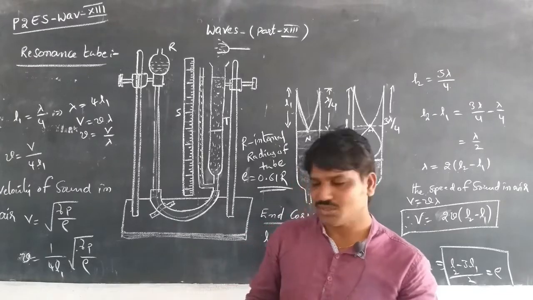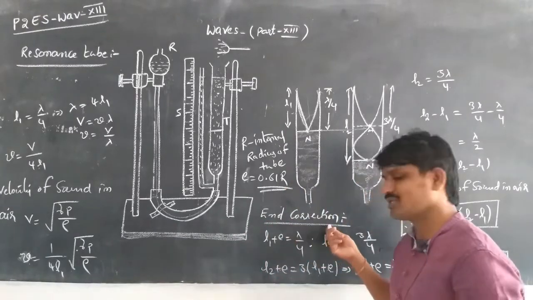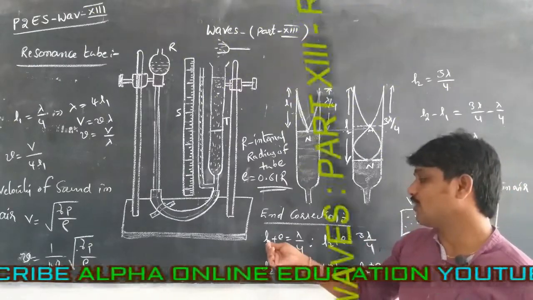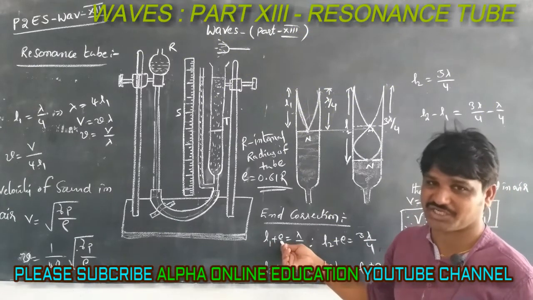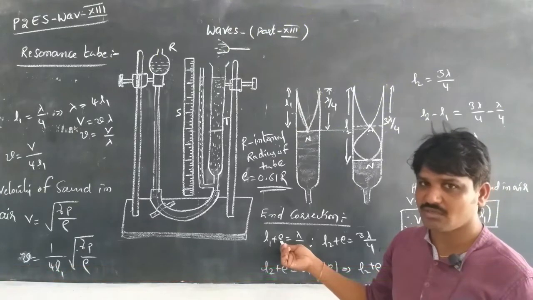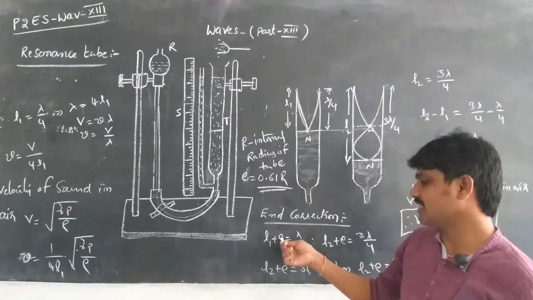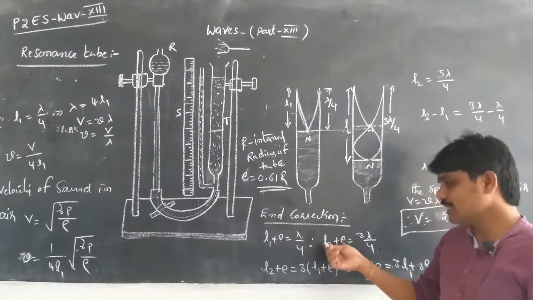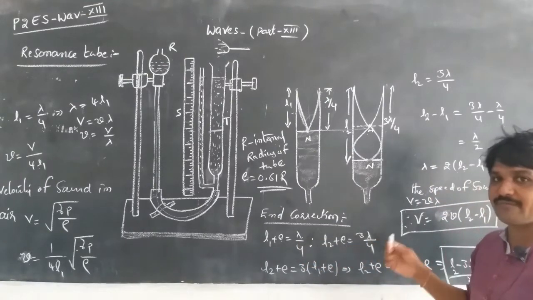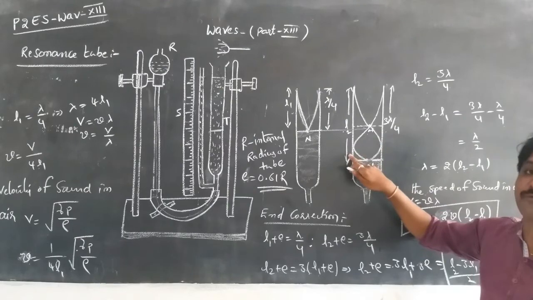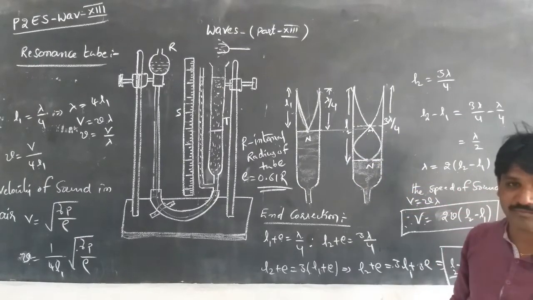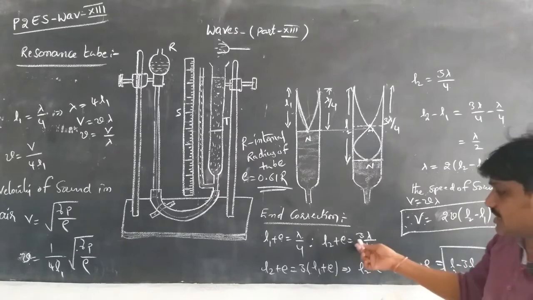For the first harmonic, the length is L1 plus E, where E is the end correction, so L1 plus E is equal to lambda by 4. And L2 plus E is equal to 3 lambda by 4. For the third harmonic, the first overtone, there is also end correction.